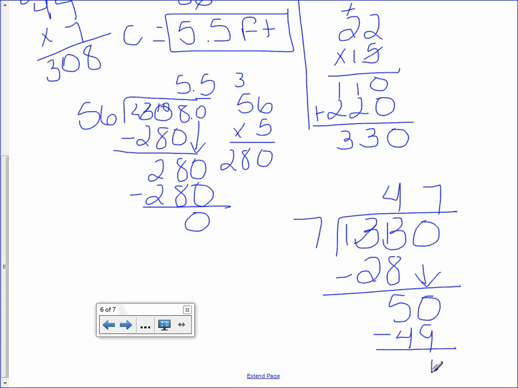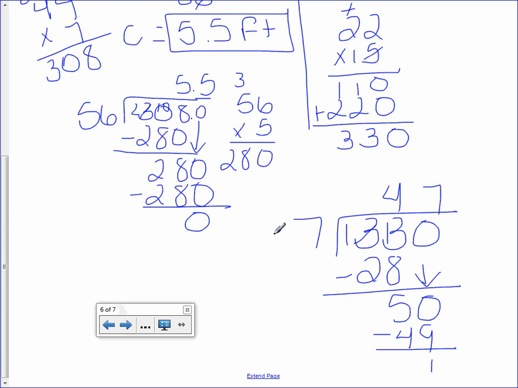Subtract and get 1. Now, I could add a decimal and continue on, but because my remainder is 1, and my fraction would be 1 over 7, I know that that doesn't end. So if I continue with the decimal, I'm going to keep going for a while.